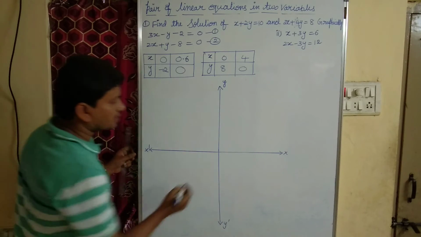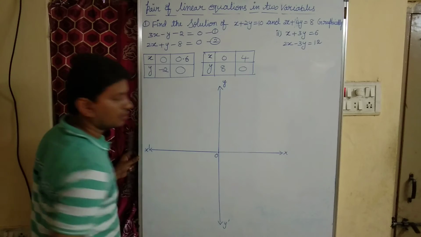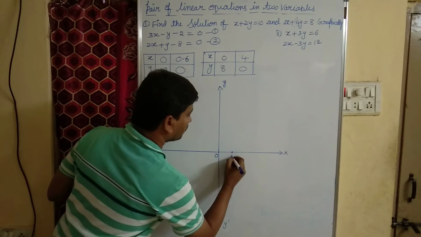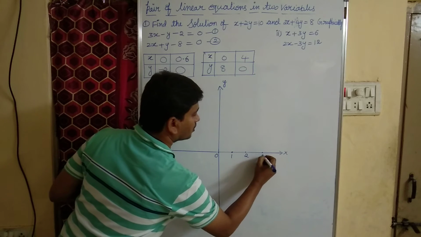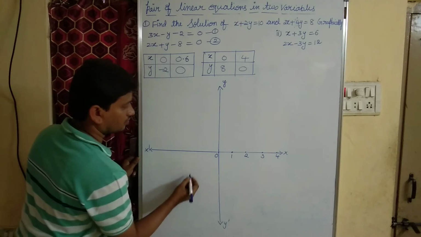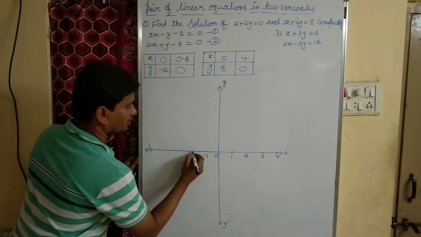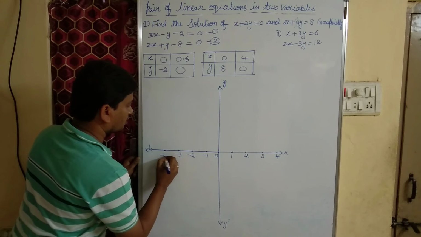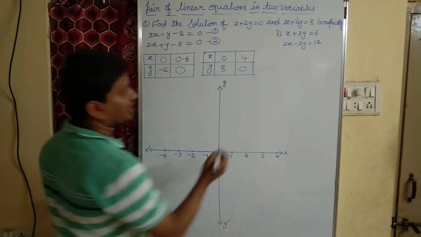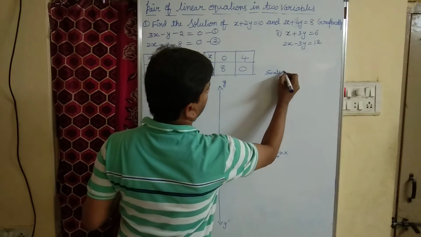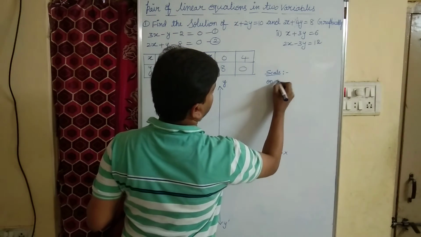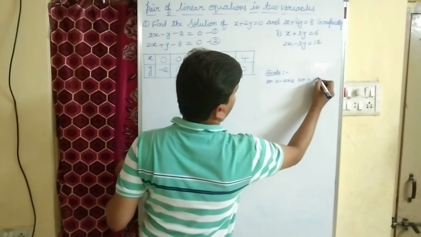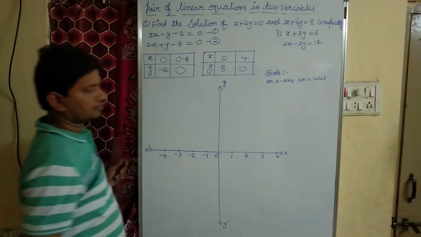Okay? On x-axis, let us take 1 centimeter equal to 1 unit. 1, 2, 3, 4, minus 1, minus 2, minus 3, minus 4. So what is the scale? On x-axis, we took 1 centimeter equal to 1 unit.